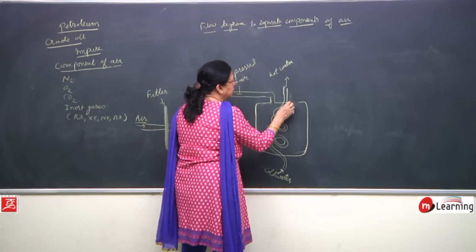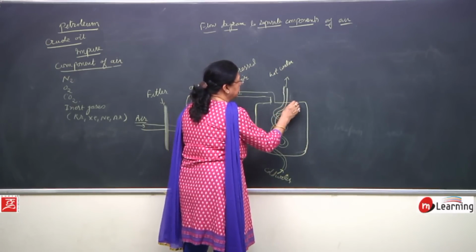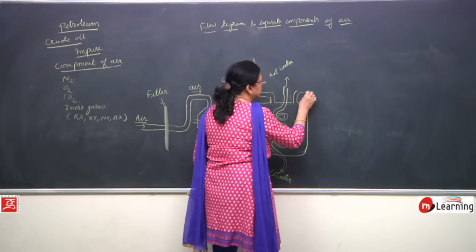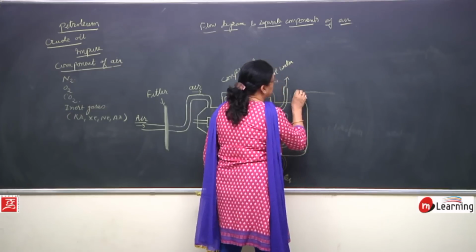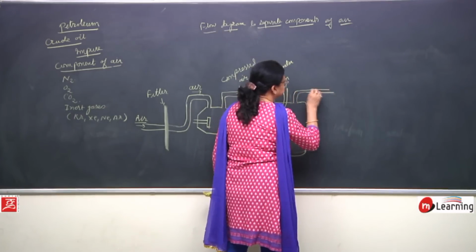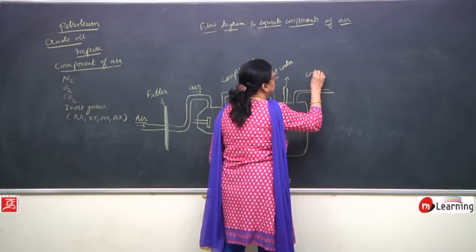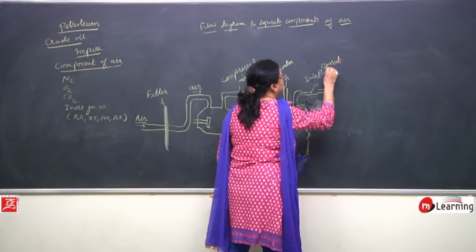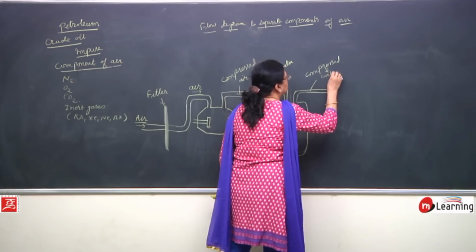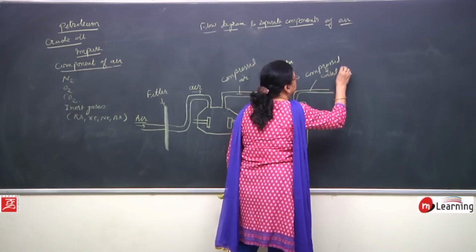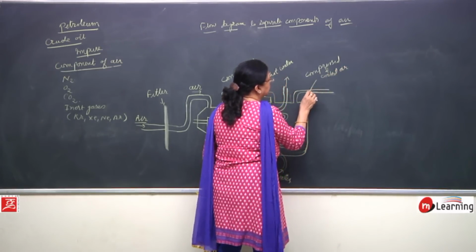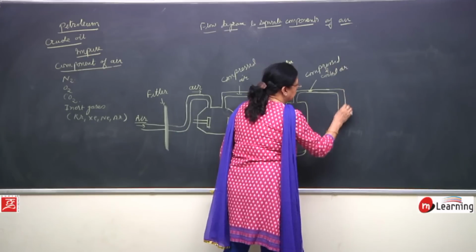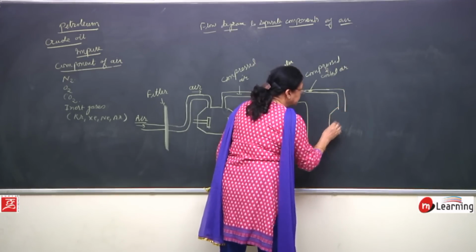Condenser means here the compressed air will get cooled, and this compressed and cooled air is then passed into a separator.